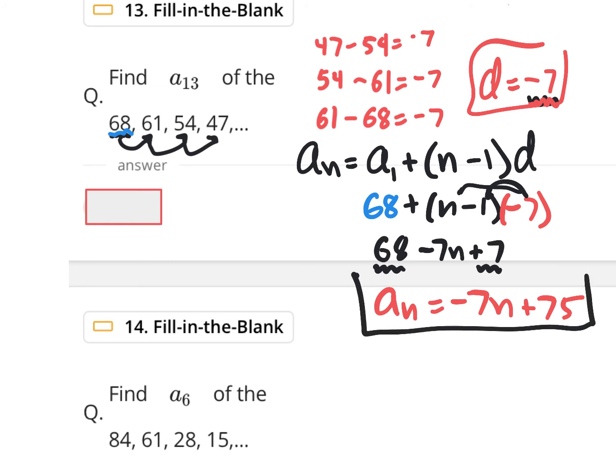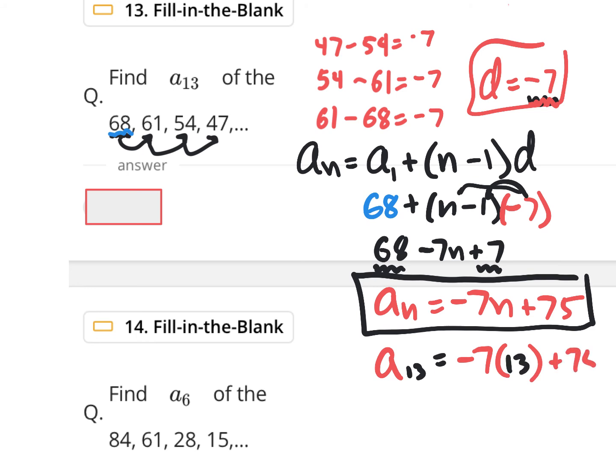So now that we have this a sub n rule, we could actually find a sub 13. How am I going to do that? Well, I have negative 7, but instead of n, I'm going to put that 13, and then plus 75. Let's do the math, and it'll give us the 13th term on the list. On a calculator, 7 times 13 gives me 91, and it's negative 91.